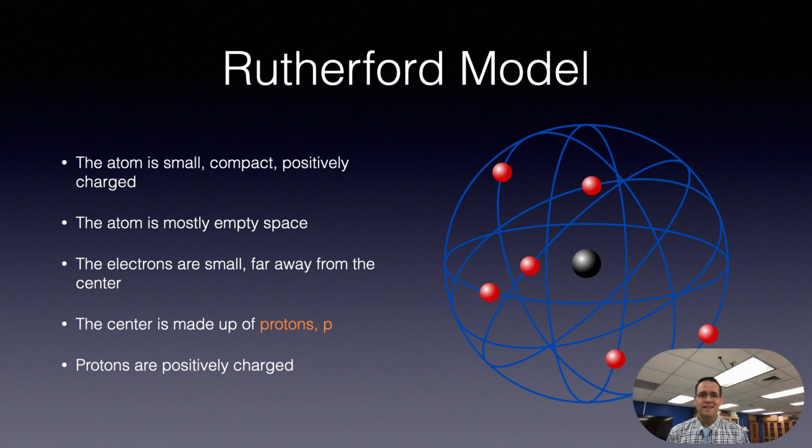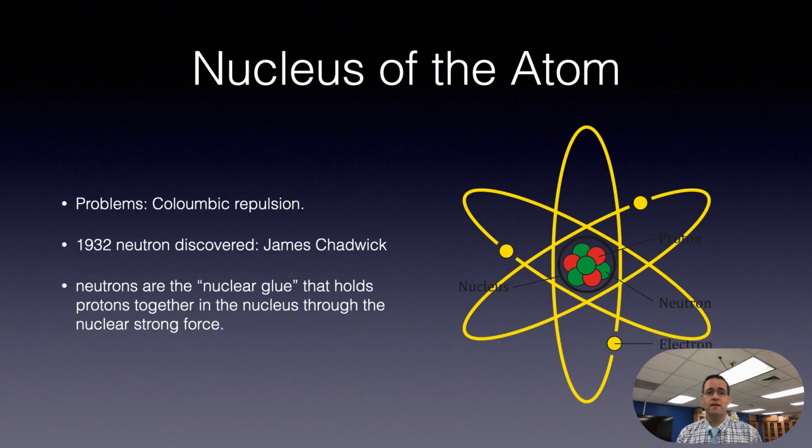Now, the center of the atom is mostly made up of protons, which we give symbol P. So this is the second subatomic particle that we're talking about. Now, protons are positively charged, all right? Now, there's a problem with this model because protons are positively charged and other protons are positively charged. How can these be very compact and tightly held together and in close proximity in the nucleus?